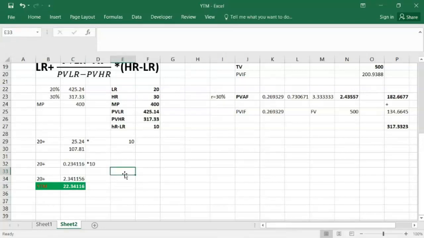Hope you understand what I'm trying to say. In the previous problem we worked out the present value annuity factor, and the present value interest factor was calculated for the terminal value. The present value annuity factor is calculated for the interest payment.